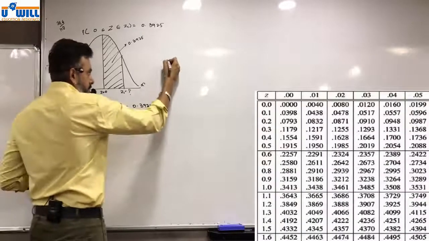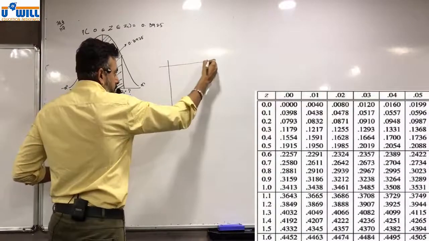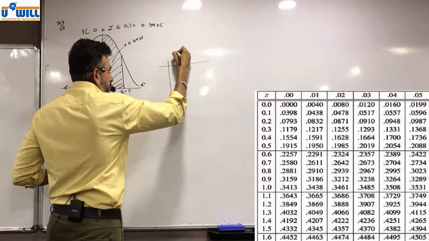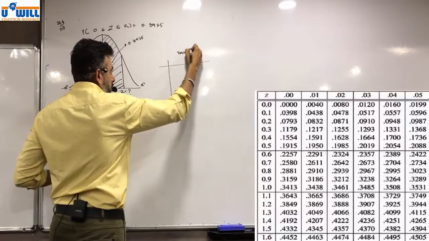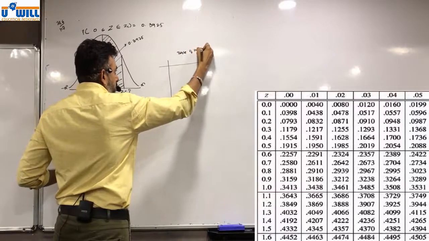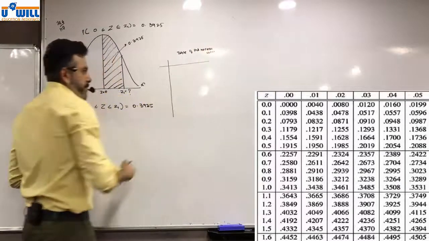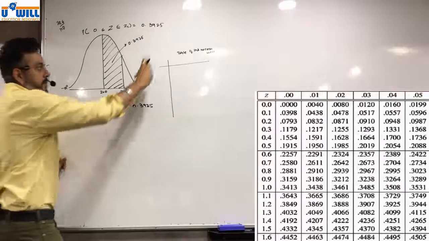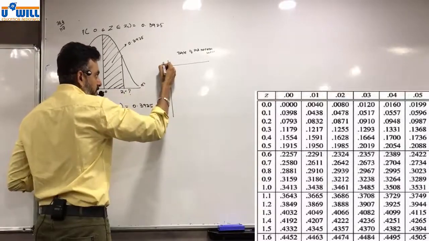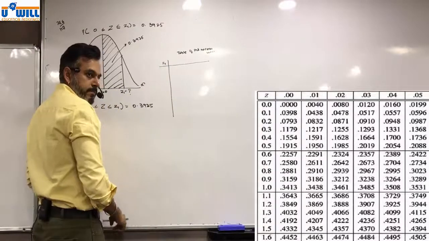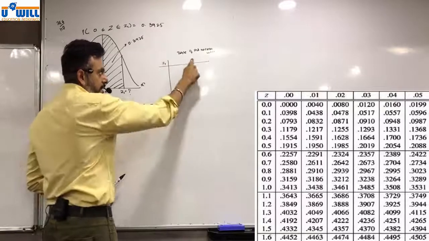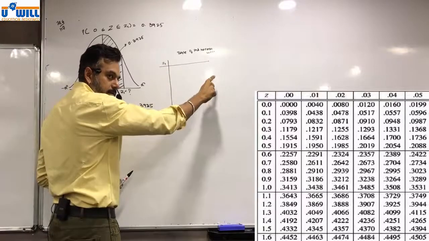Now go to the table. जो table है उसमें जाओ. This is the table of standard normal curve. Now over here the values are values of z1.